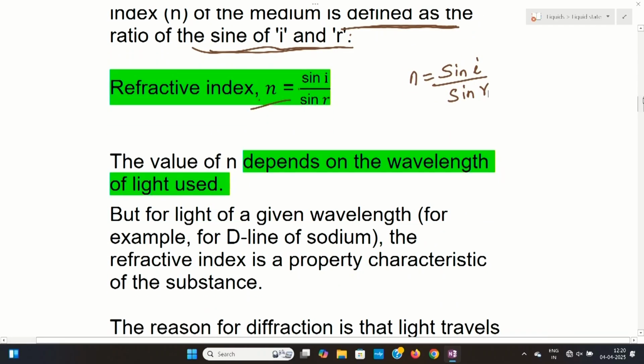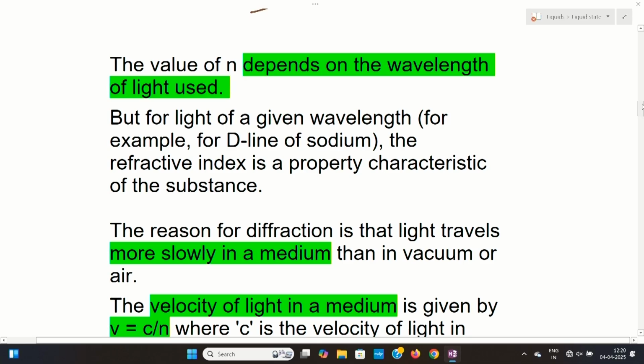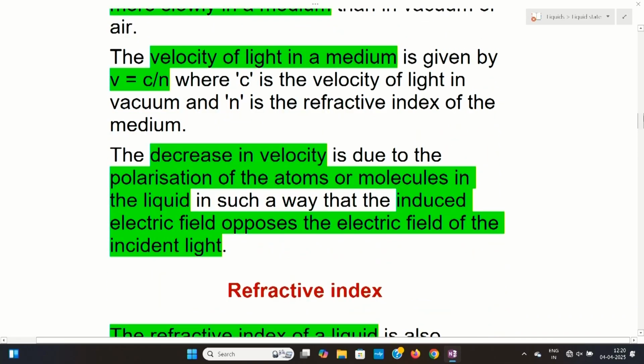Now, we can see the reason behind the refraction. The light has different speeds in different media. That is the reason for the refraction. When the light travels in vacuum, it has high speed.